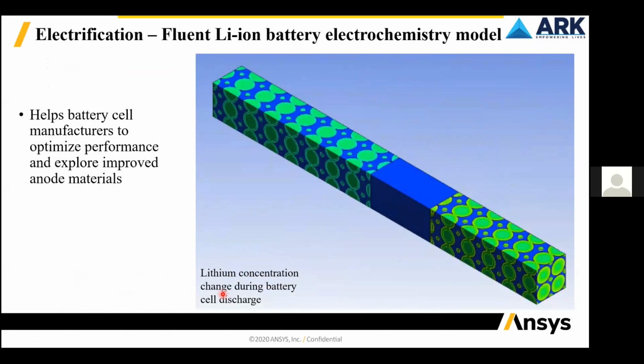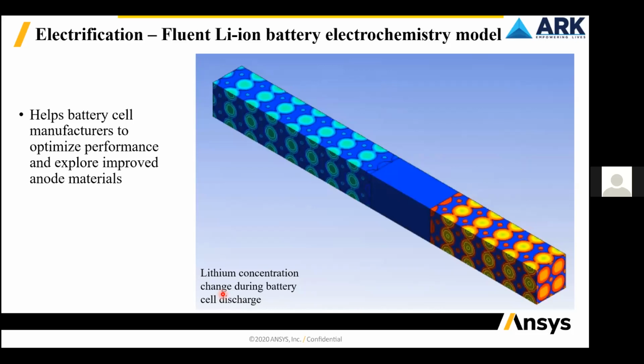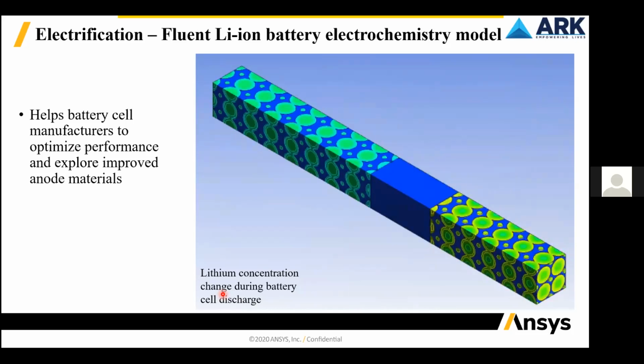So Fluent includes a detailed electrochemistry model that enables you to optimize the lithium ion battery cells, for example, to explore improved anode materials, etc. These things are very easily possible with the help of this lithium ion battery model.